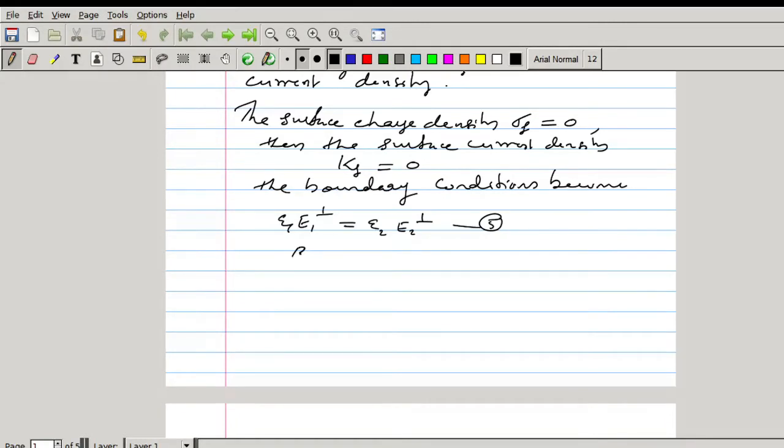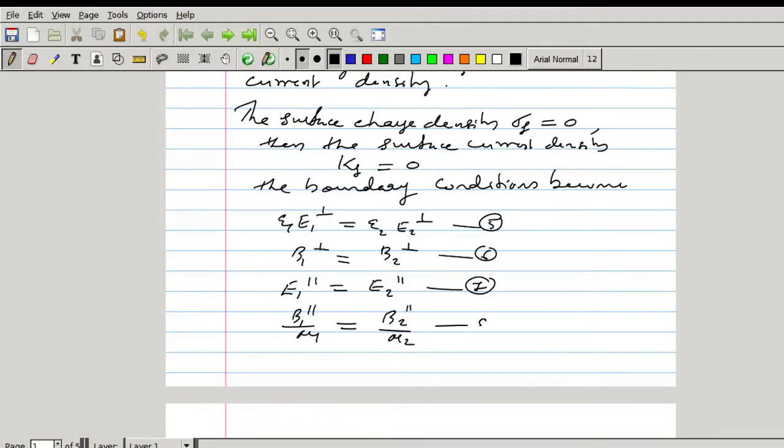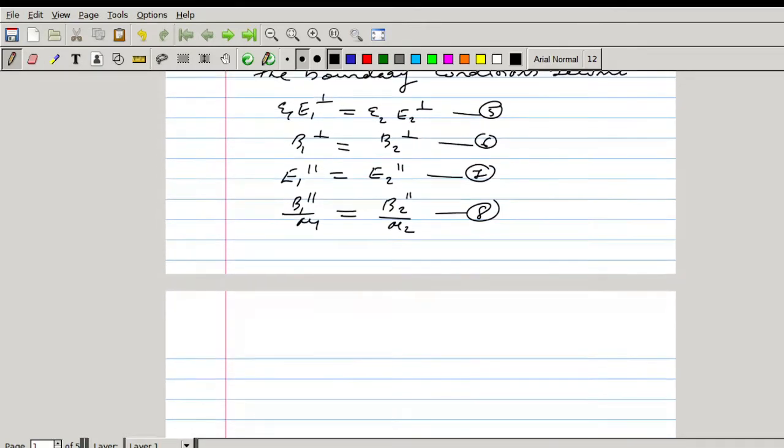Then B1 perpendicular equal to B2 perpendicular, equation number 6. E1 parallel equal to E2 parallel, equation number 7. Then the last equation is B1 parallel by mu1 equal to B2 parallel by mu2. These are the boundary conditions.